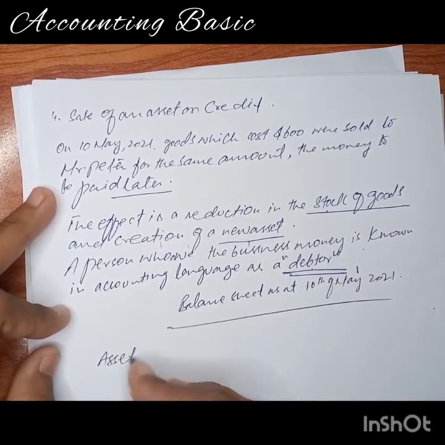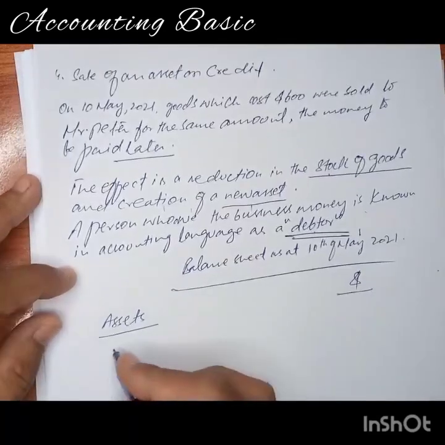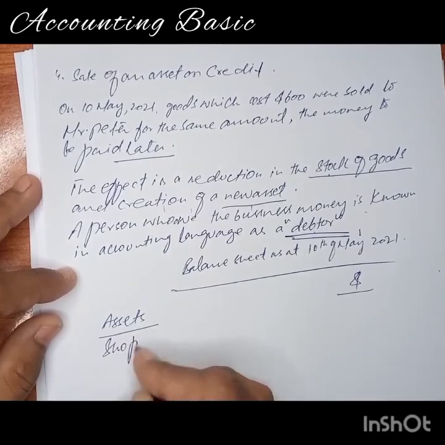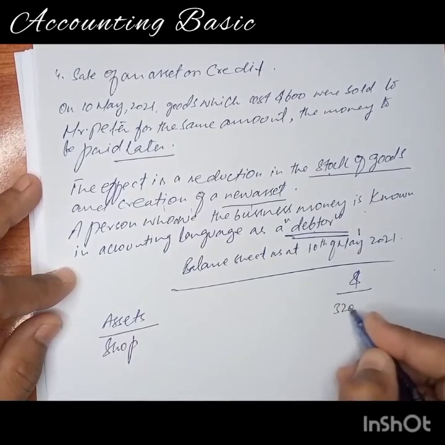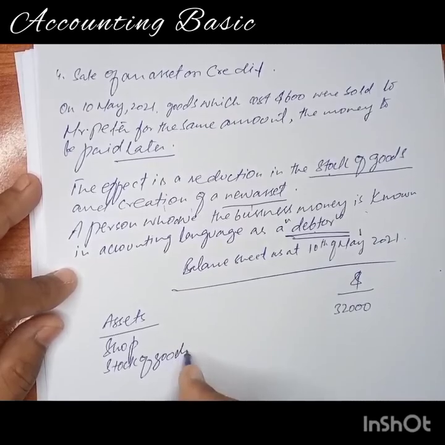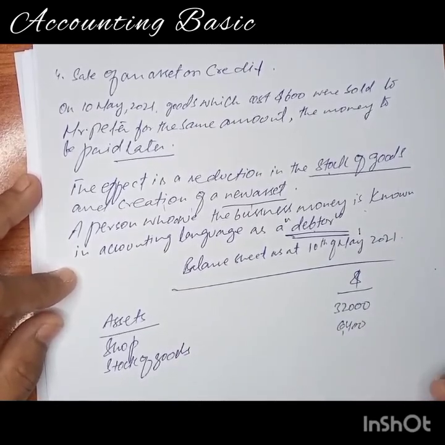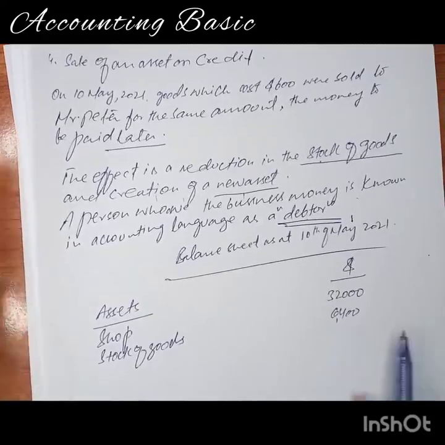Assets, amount, okay? Shop we purchased earlier, 32,000. Stock of goods, 6,400. Now the stock of goods is 6,400.